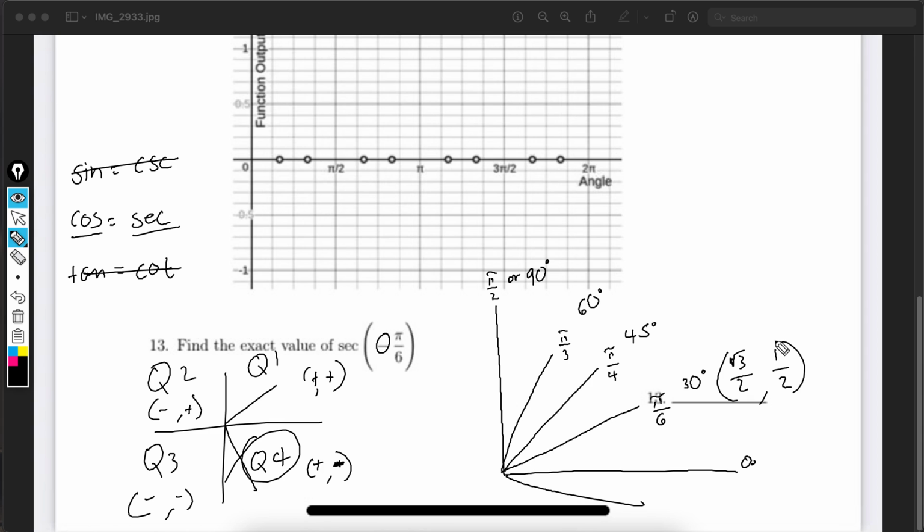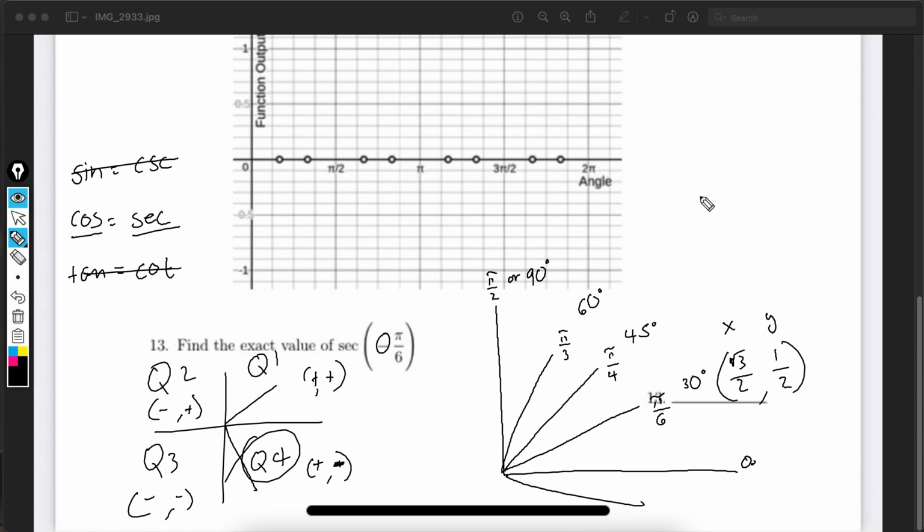Is that correct? So we want cosine. So x, and this is y. Sine being y, cosine being x. Always, always, always, always. So cosine of pi over 6 is radical 3 over 2.